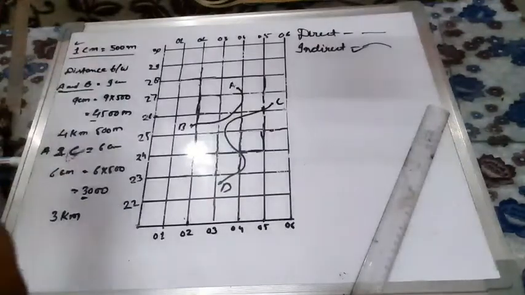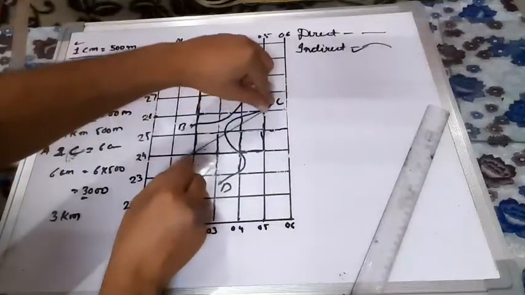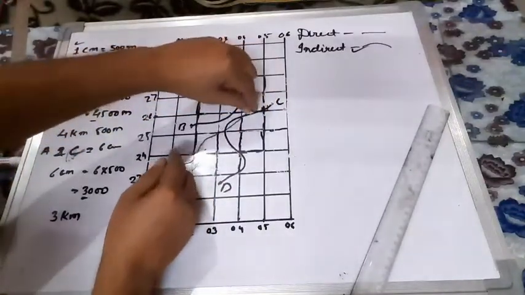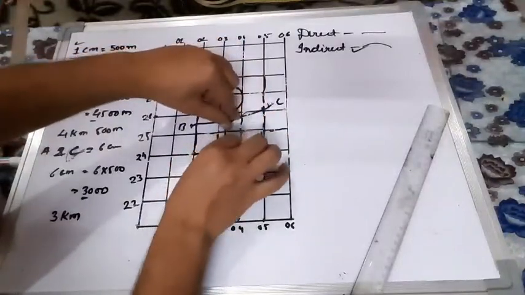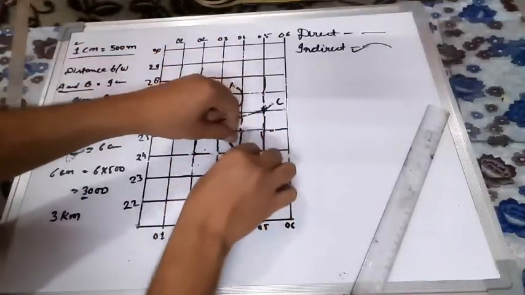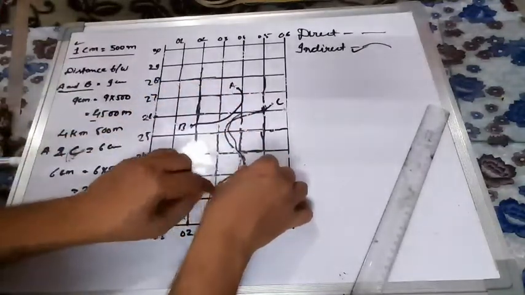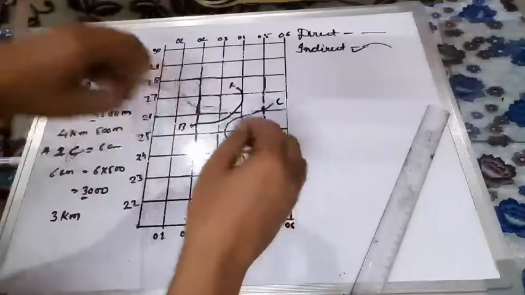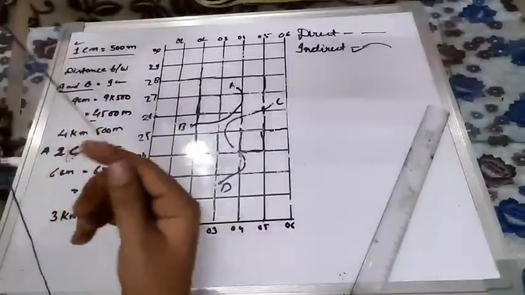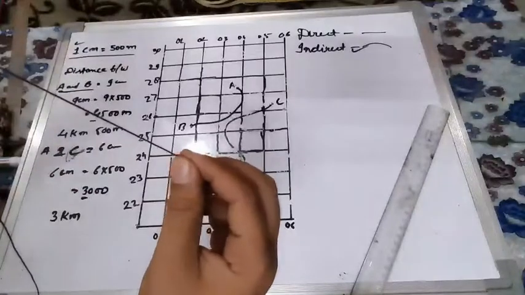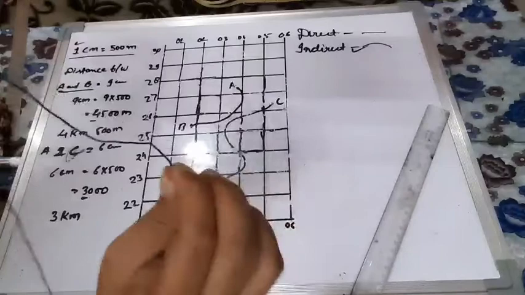We will put the starting point from here, then like this, then again this, this one. We have to put our thread on the path, then finally till here. Now this is our total distance from point C to D.